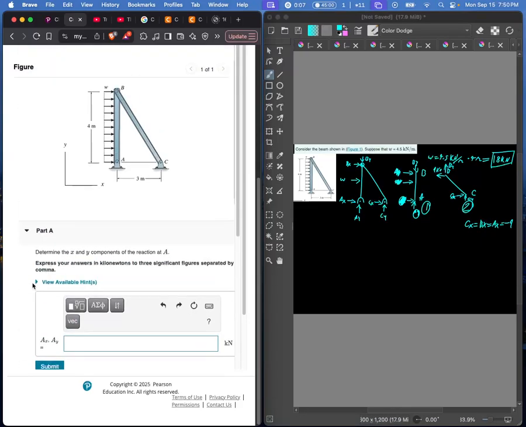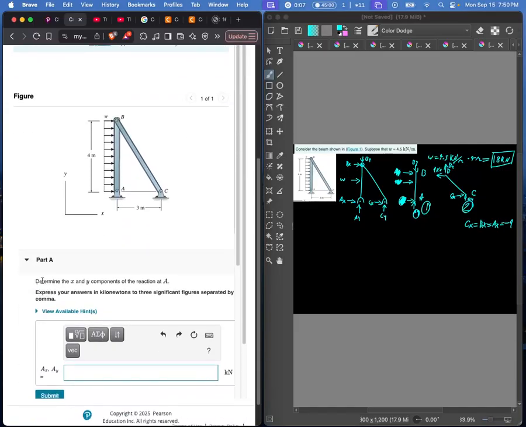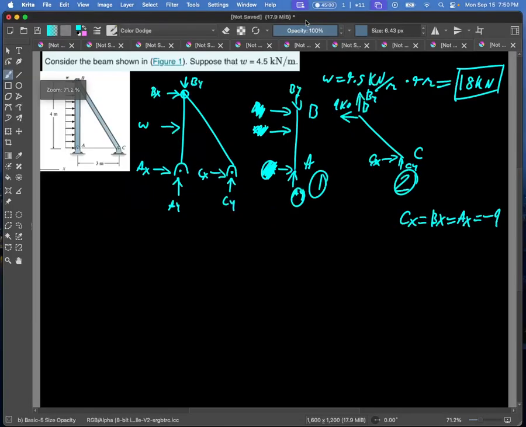It looks like B is completely irrelevant. Well, we can find BY actually by taking the moments about C. What are we going to have?